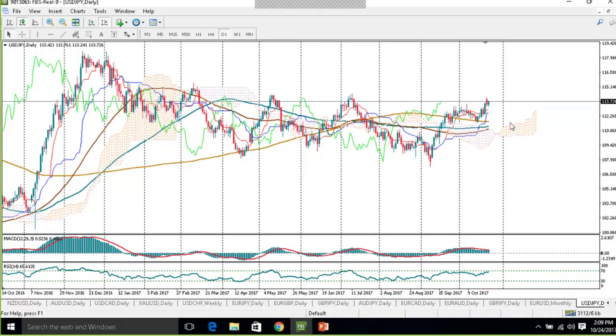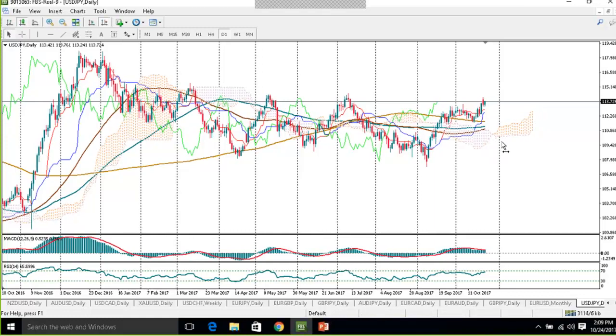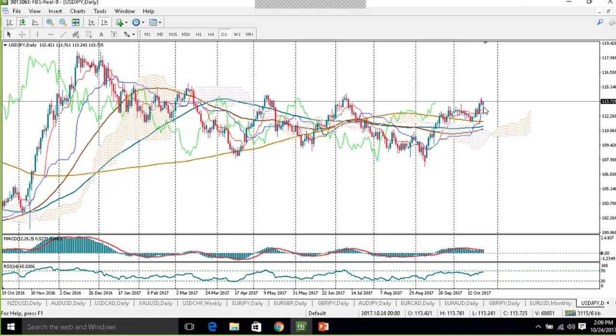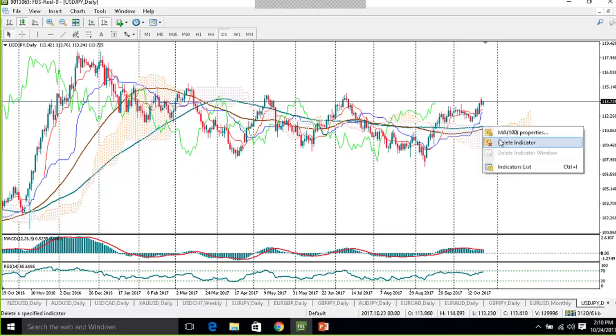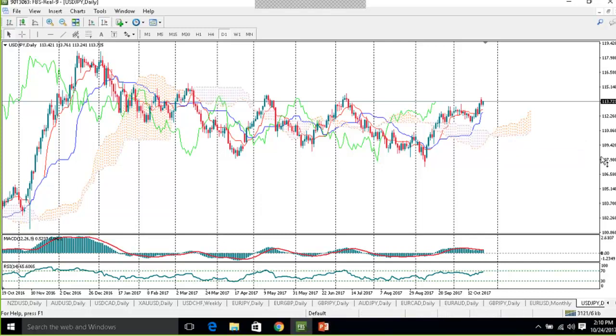Here we are. So on the daily chart, we have a bullish setup here for dollar yen, and well, certainly I have remembered one thing I forgot to mention when I was looking at this chart, is that like with every moving average, when the price gets far from the moving averages, it tends to return back to it.